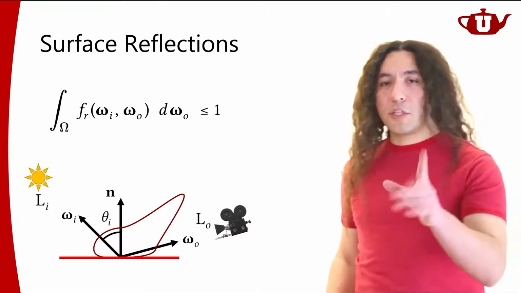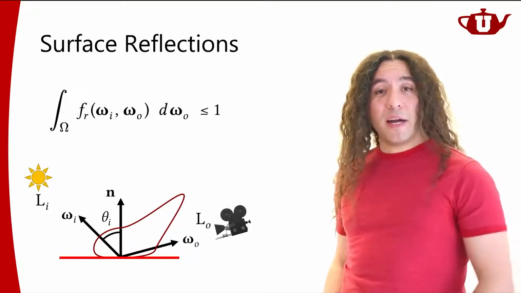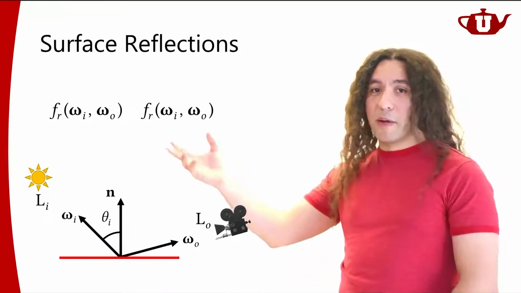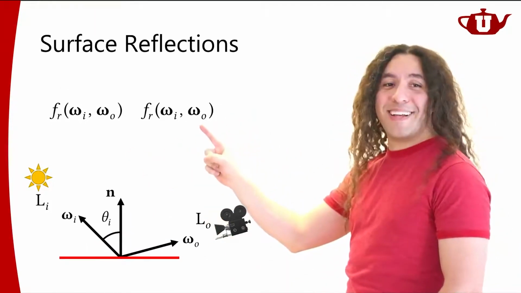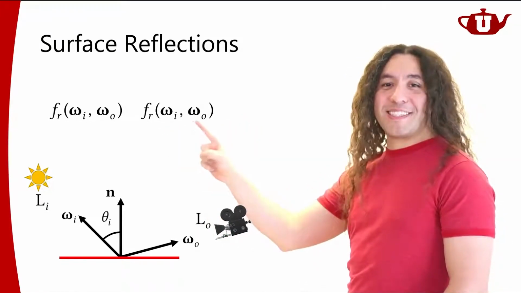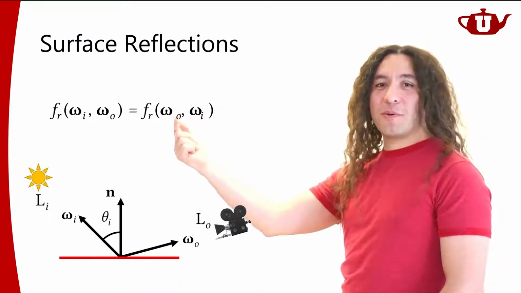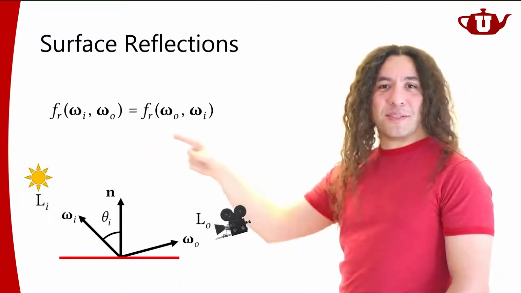So before we continue, I want to tell you that BRDFs have a very interesting property. So this BRDF function, I'm writing 2 instances of it. There's a good reason for it, because I'm going to take this one and I'm going to switch its inputs, right? If I move them around, I'm going to tell you that these are equal.